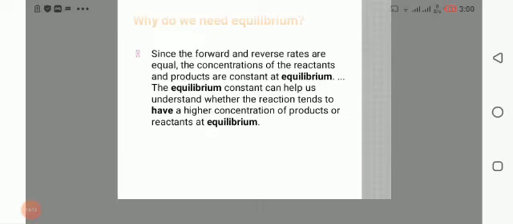This position is called equilibrium. The equilibrium constant can help us understand whether the reaction tends to have a higher concentration of product or reactant at equilibrium. This is shown in chemistry books as chemical equilibrium. This is very important. It tells you how reactant is used and how product is formed.